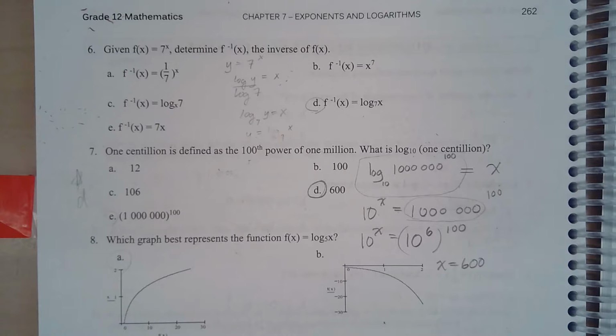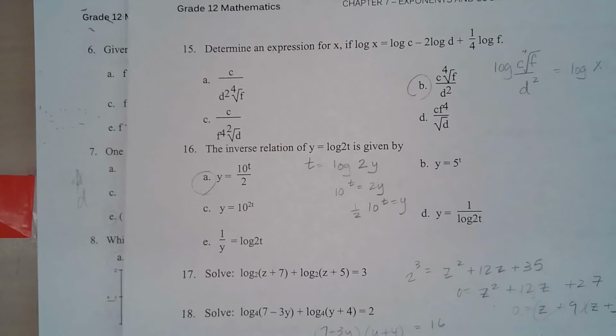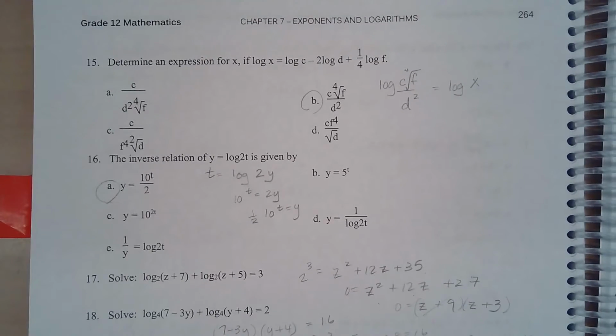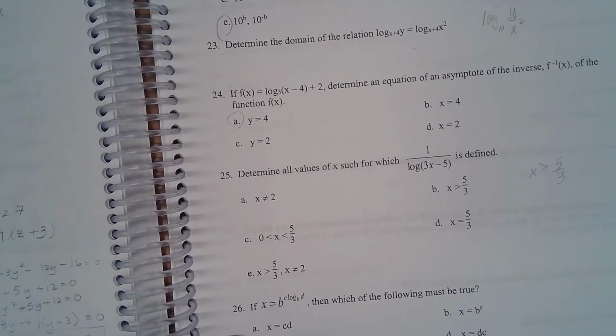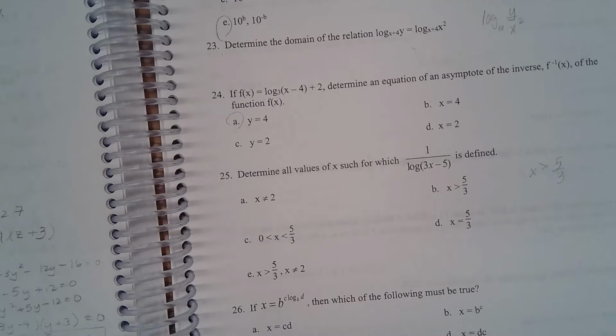Let's take a look at 26. Ooh, I didn't even get this far. Let's see this one. If x equals b to the power of c log b d, then which of the following must be true?